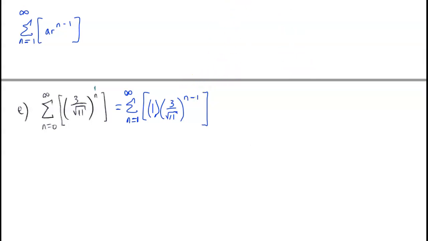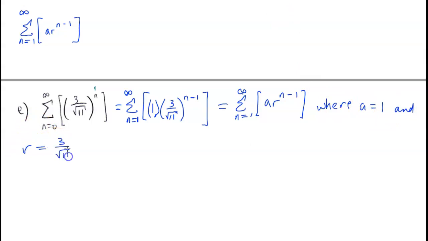So because of that, we now know that this is going to fit this form, a times r raised to the n minus 1, where a is 1 and my value of r is going to be 3 divided by square root of 11.